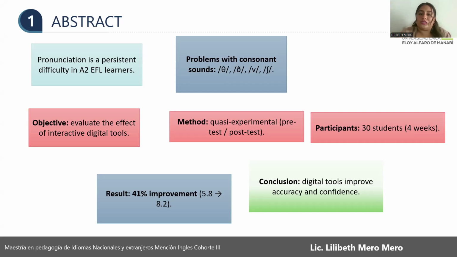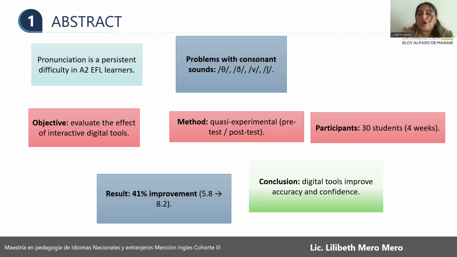The main objective of the research was to evaluate the effect of interactive digital tools in improving these consonant sounds. The participants were 30 students and the intervention lasted for a week. I used a quasi-experimental design with pre-tests and post-tests.